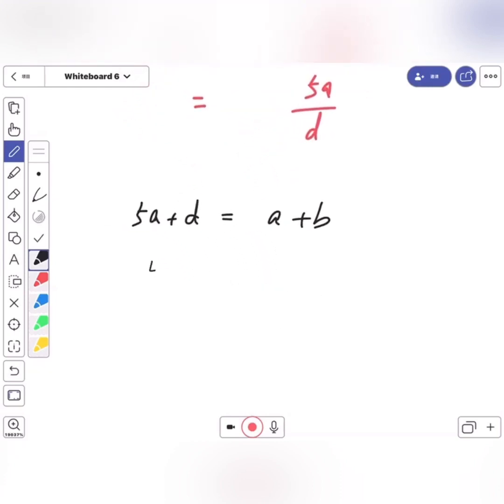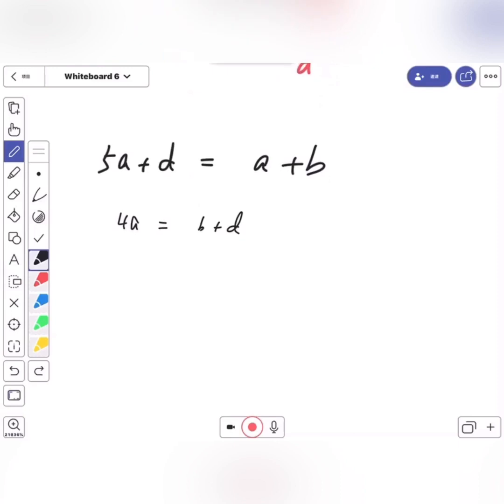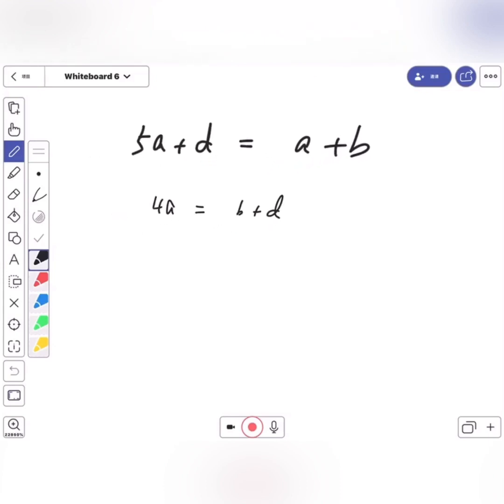Now 4a is equal to b plus d, but remember that d is equal to what? D is equal to b over 11. Or, more simplifiedly, b is equal to 11d. So why not we just do that instead? Wait, excuse me, it should be b minus d.